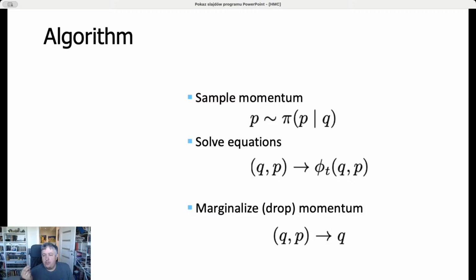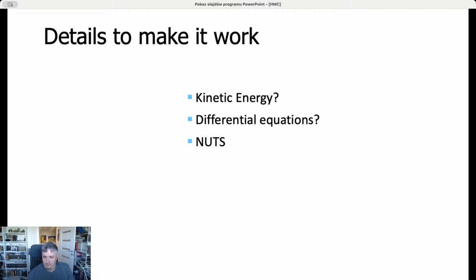This gives us an initial condition for differential equations that allow us to move to a new point in the probability space. This is good because we move around the curvature of the typical set this way. Then we are not interested in the momentum because it's a dummy variable, so we drop it. We perform marginalization of this more complicated distribution and move again to just our variables.